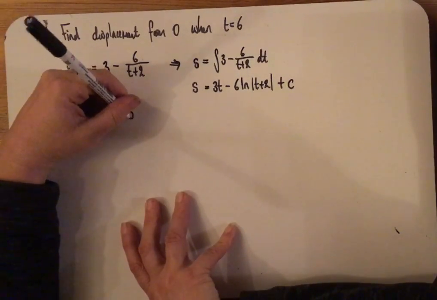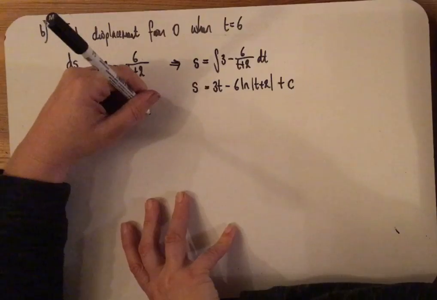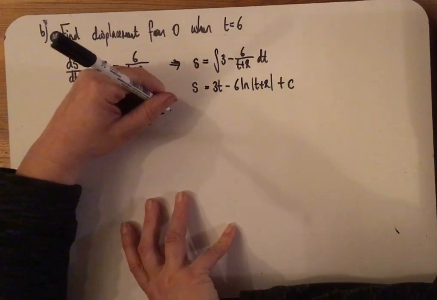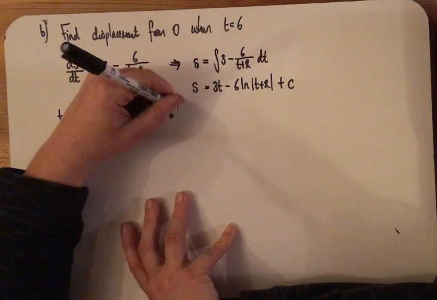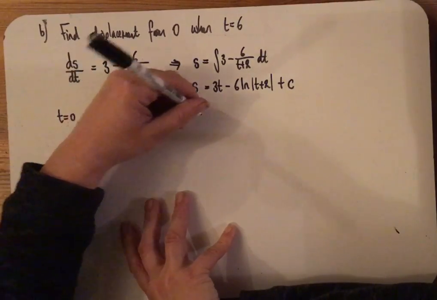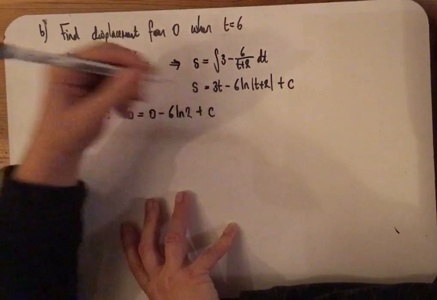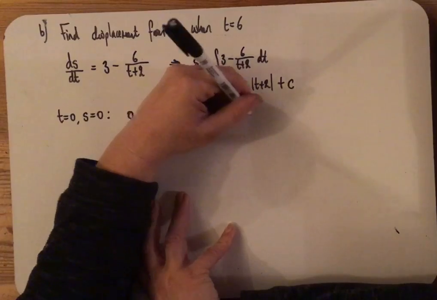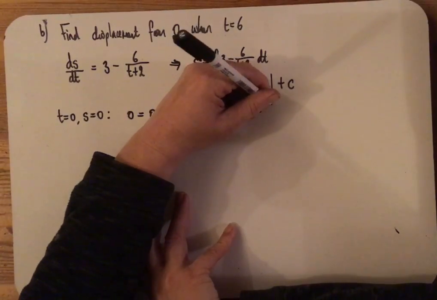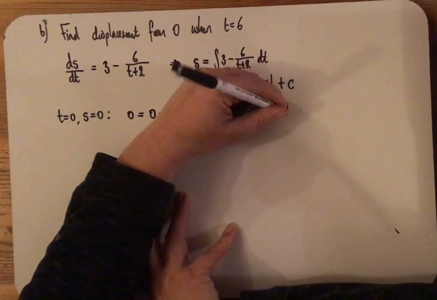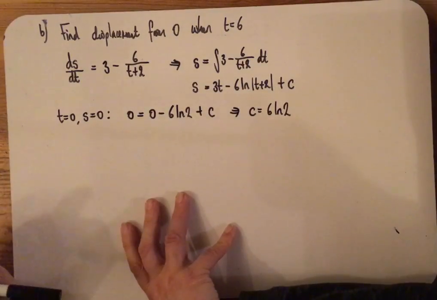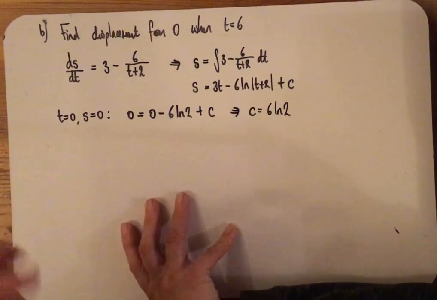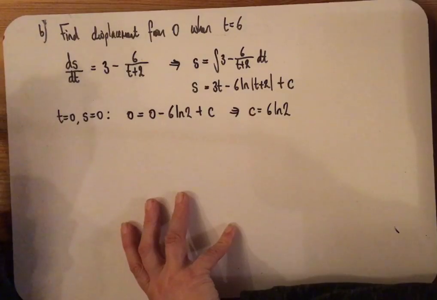So 0 is equal to 0 minus 6 ln 2 plus c, and so c is equal to 6 ln 2. Always make sure you find that c. It's really easy to forget to do it when you're solving differential equations.